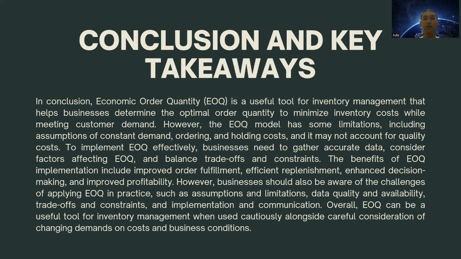However, the EOQ model has some limitations, including assumptions of constant demand, ordering, and holding costs, and it may not account for quality costs. To implement EOQ effectively, businesses need to gather accurate data, consider factors affecting EOQ, and balance trade-offs and constraints.